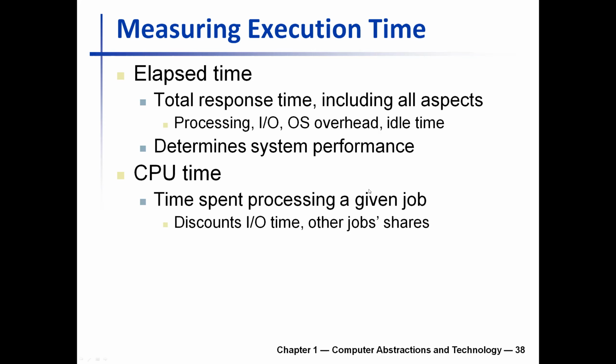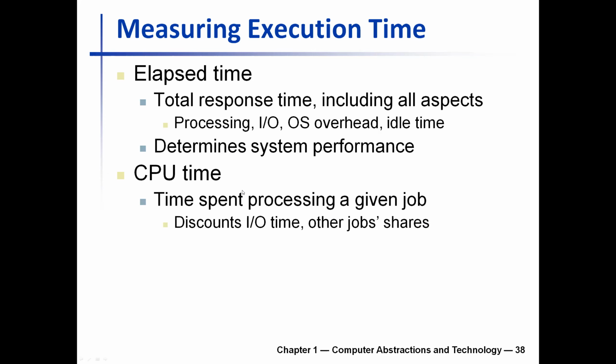Because the operating system gives the processor to a certain program, then stops that program and gives the processor to another program. That is how these threads are scheduled in a CPU. So all those things are discounted. All the other extra things that are not related to the particular task that we're talking about are discounted when we talk about CPU time.